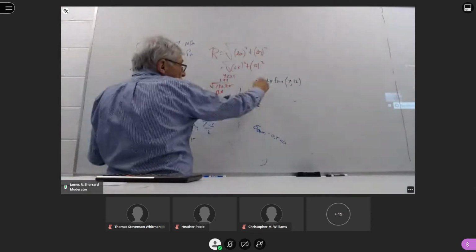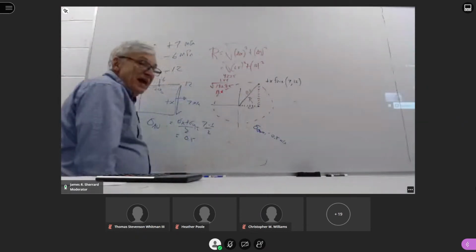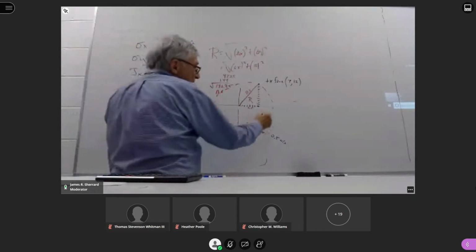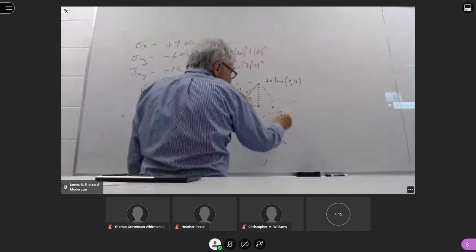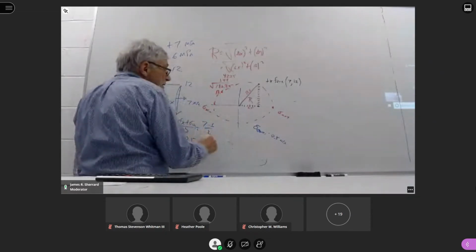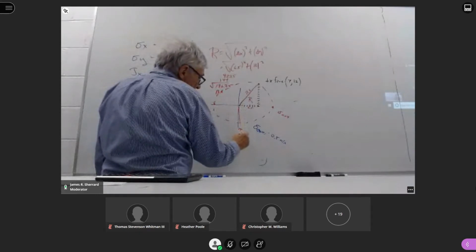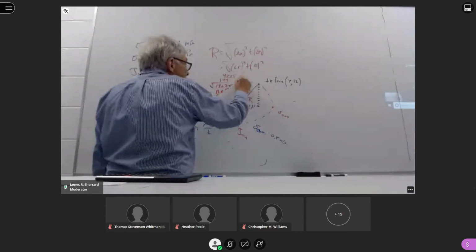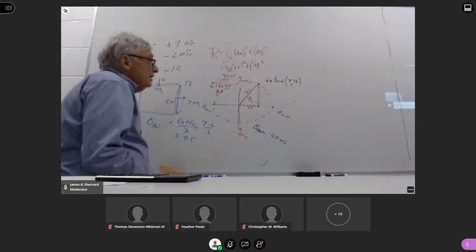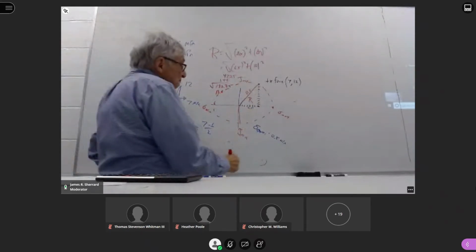This is my center of the circle and this is my radius. If I swing that in a circle, I can immediately identify sigma max, sigma min. Directly below this would be tau min. Directly above this would be tau max. It would be nice to identify what those points are.